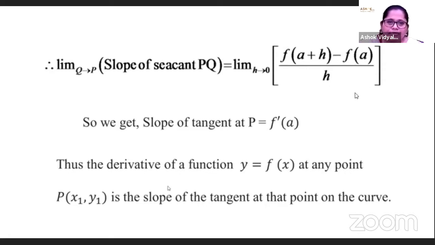This is f dash of a. We get the slope of the tangent at P is f dash of a. Thus, the derivative of the function y equals f of x at any point P (x1, y1) is the slope of the tangent at the point on the curve.